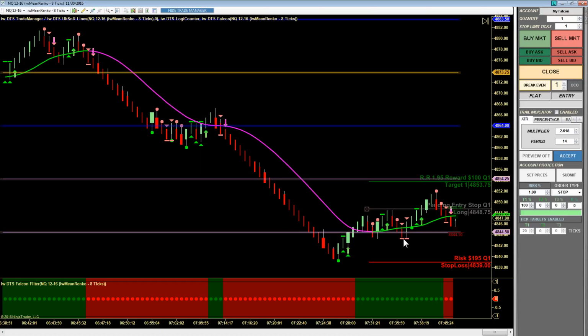Now, if the market holds this low again, then I can say that, all right, the buyers are in control. I can start to roll up my stops. But there's a very good possibility the market may break this low by a tick or two and then reverse and go up.